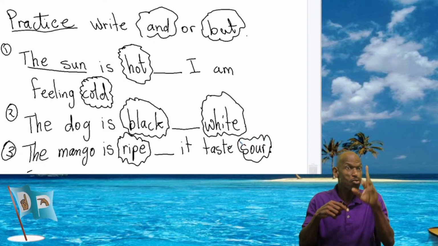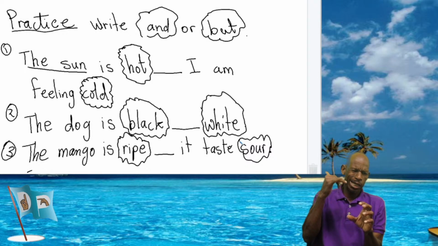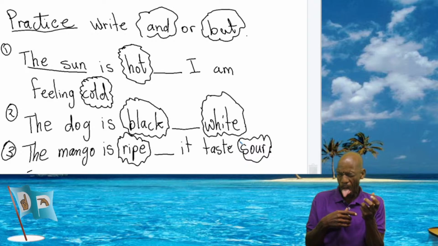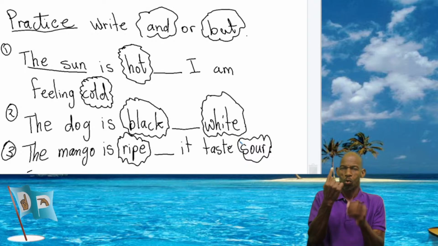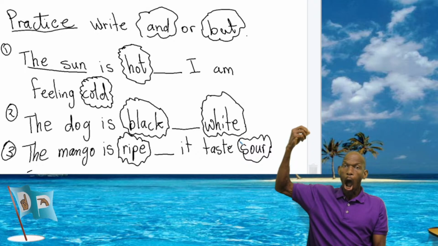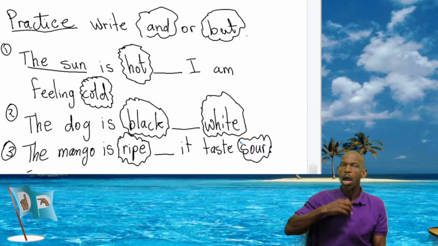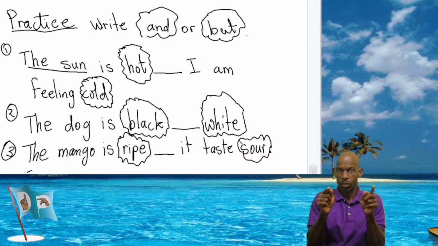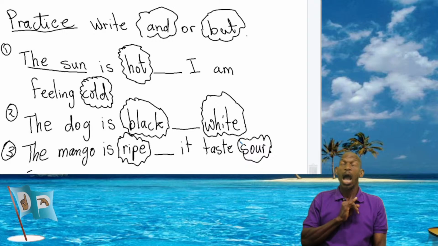We're looking at the idea. So let's look at number 1. Hot, cold. The sun is hot, something I am feeling cool. Which one would you put to join the idea? Would you say "and," or would you say "but"?